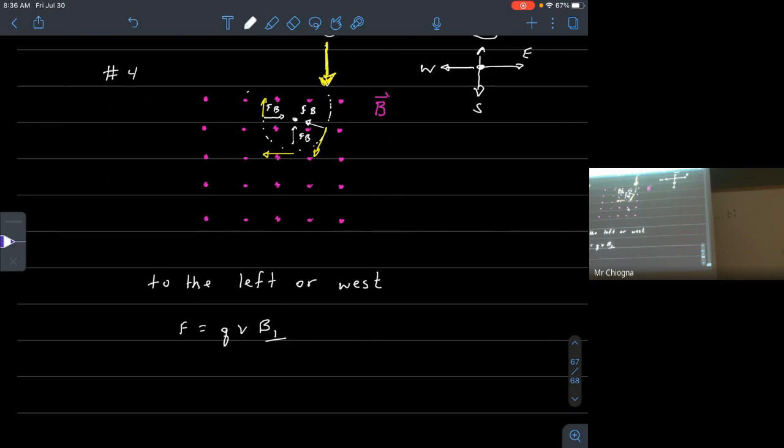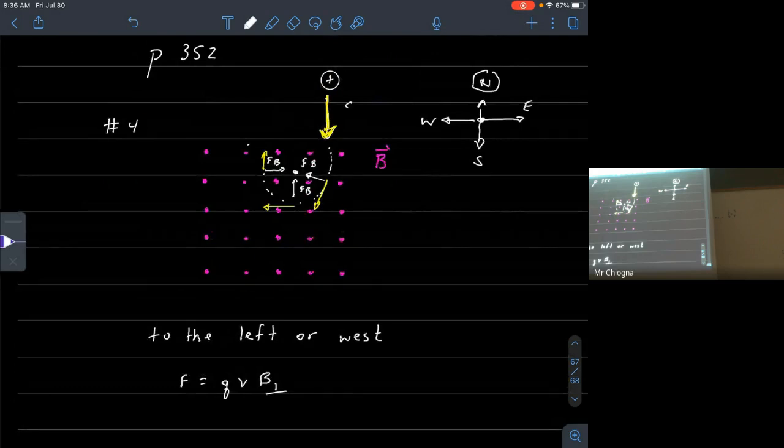The magnetic field is perpendicular to the velocity, just by the very fact that this is headed south and the magnetic fields are pointed up, right? They're perpendicular to each other. I'd have to show you a side profile, so I don't want to spend too much time on that.